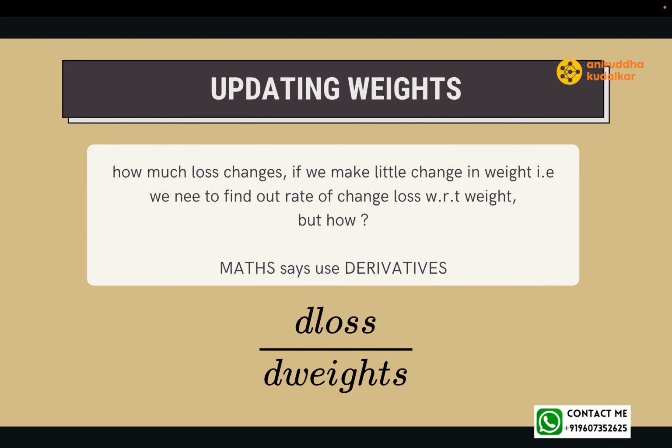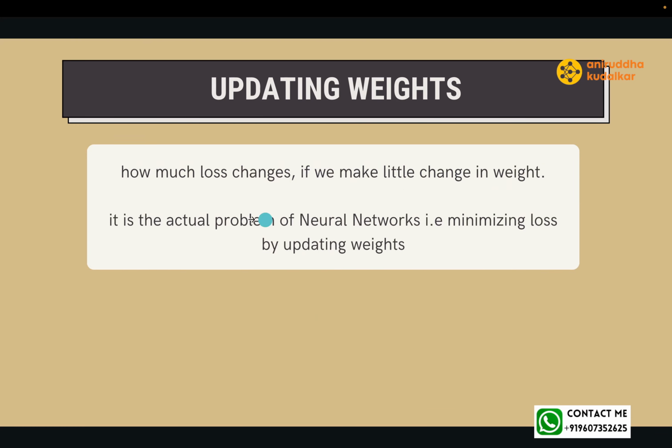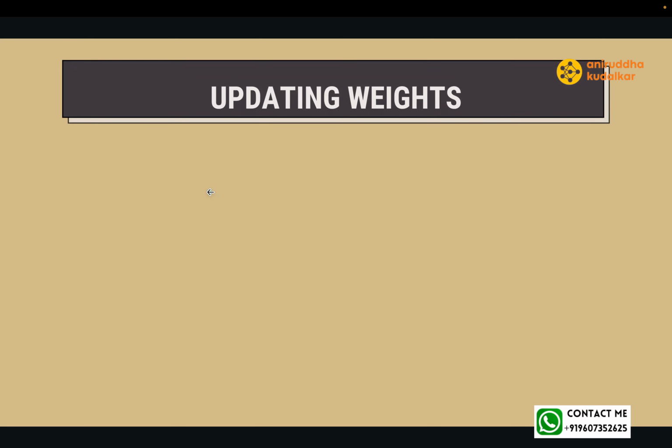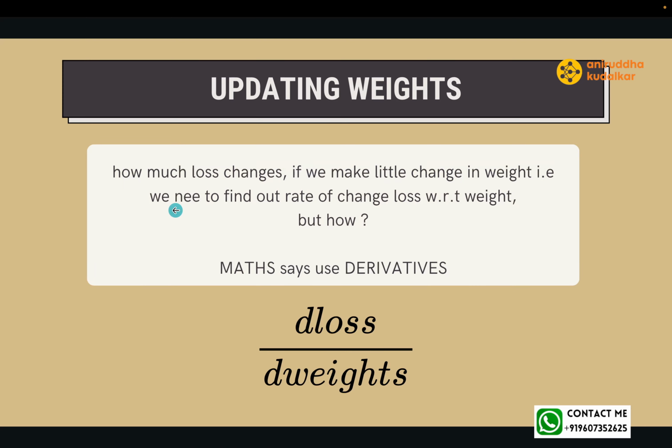Now how to do that? How to calculate that? If I make a little change, how much would the loss change? In other words, we need to find out the rate of change of loss with respect to the weight. But how? Maths answers this question: use derivatives.